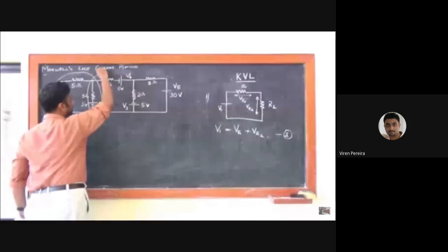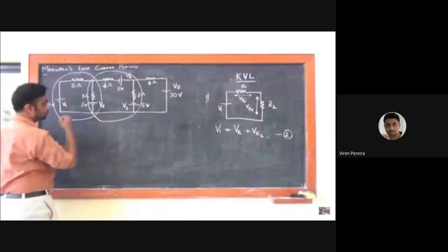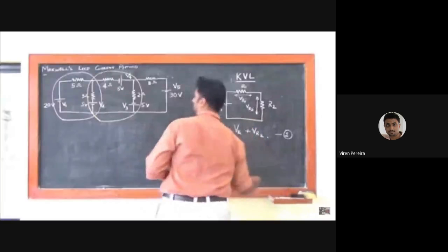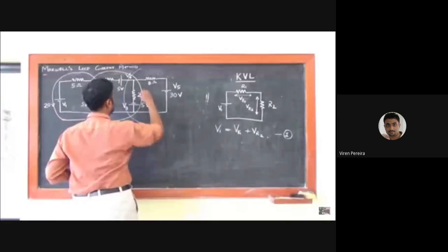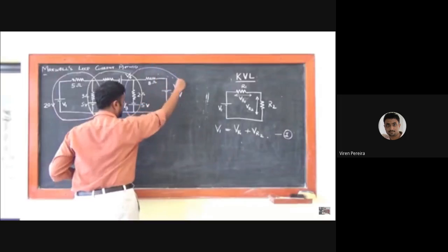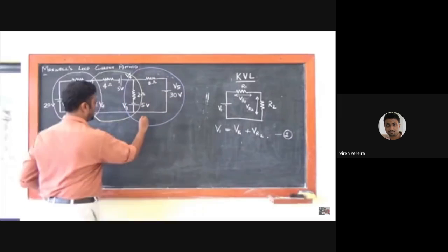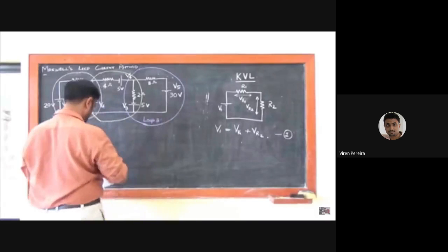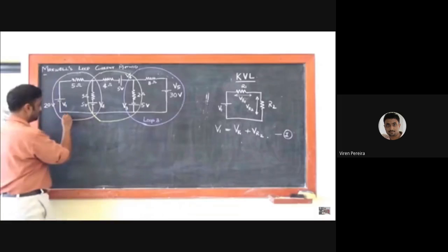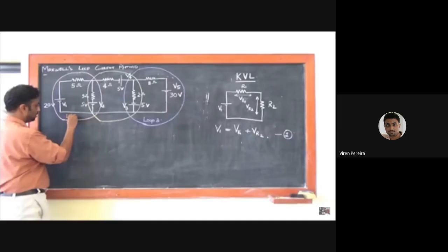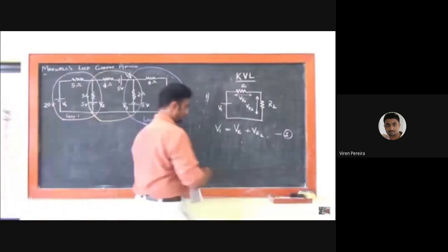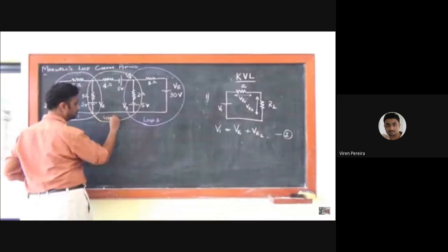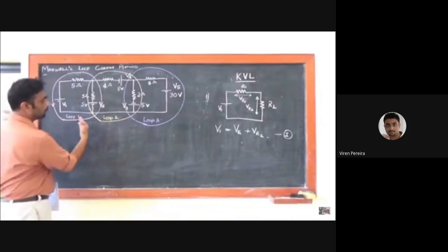I can take this as loop 2, and I can take this as loop 3. So totally I have 3 loops.